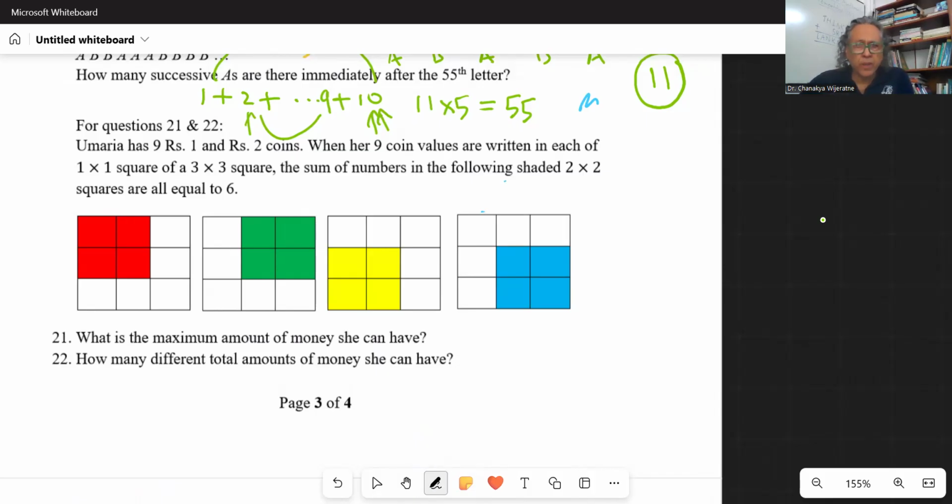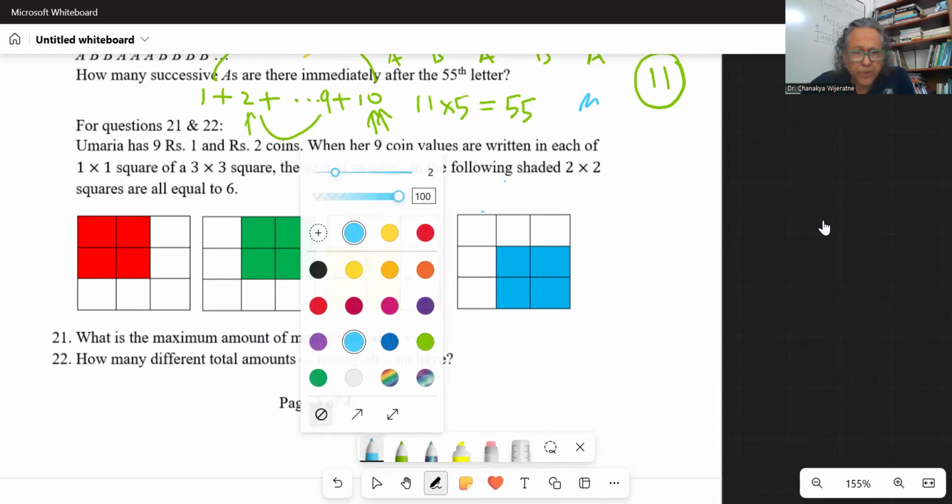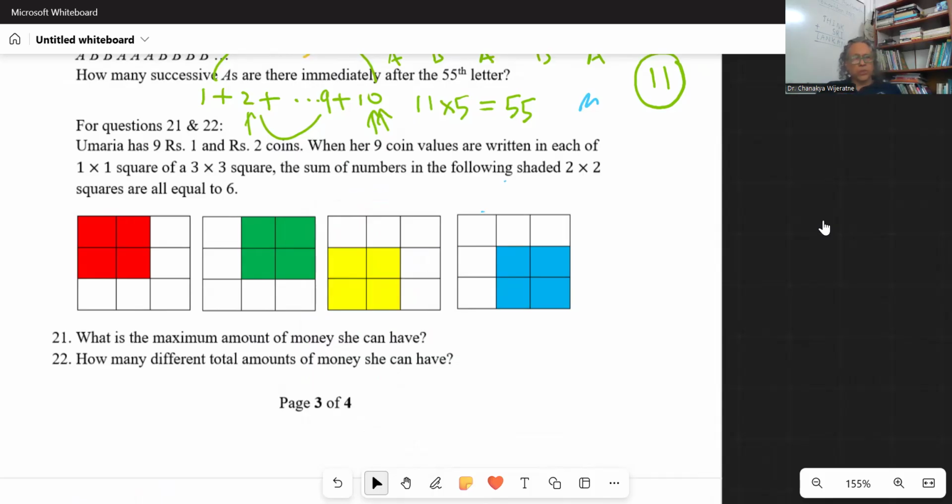So we get a good color. In the red block, the numbers should add up to 6. So there are 4 squares, and the point values are either 1 or 2.